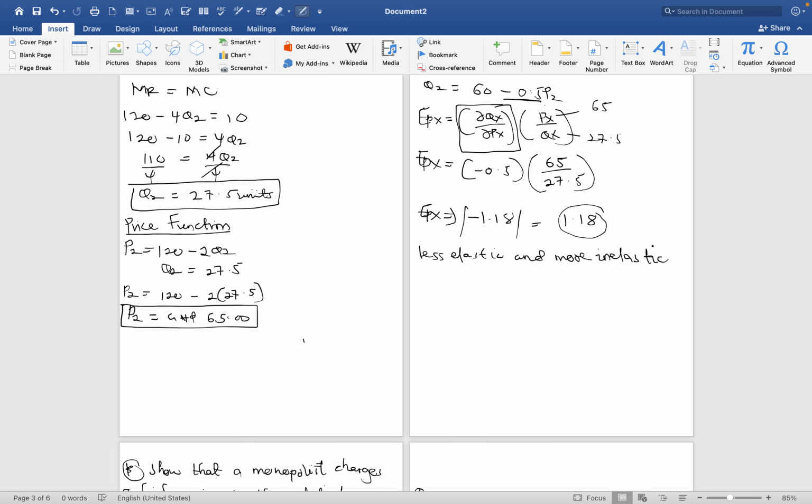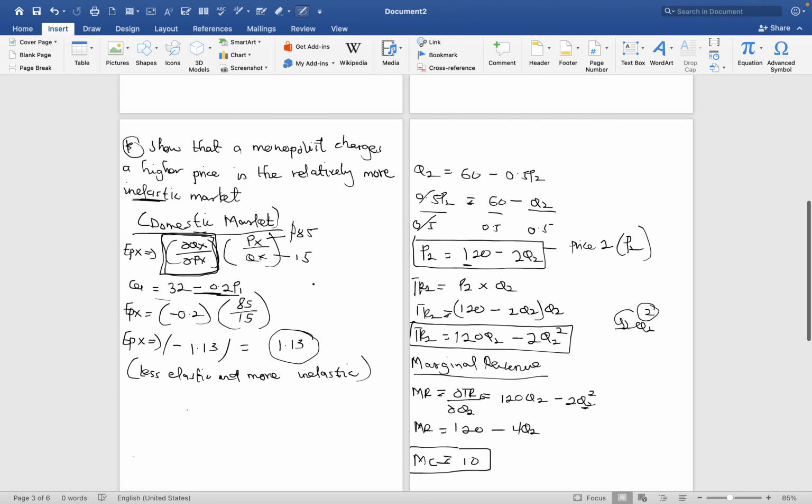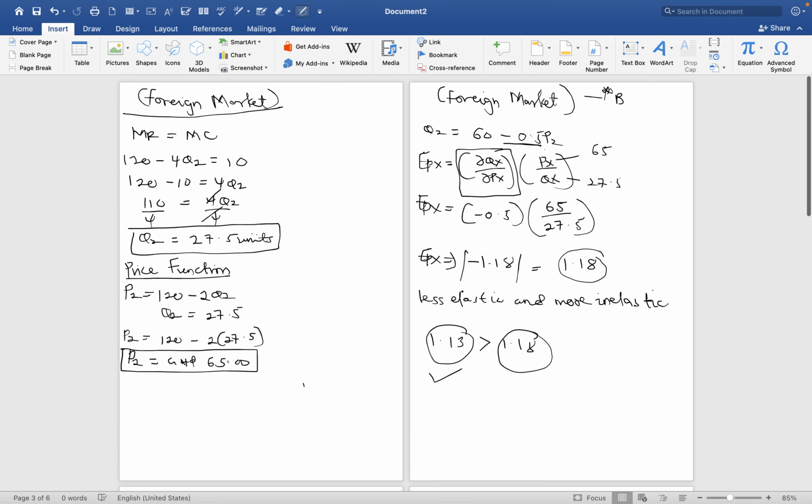In comparing the two, we had this one at first at 1.13 and the next one was 1.18. 1.13 would be preferred to 1.18 because this is more inelastic as compared to the 1.18. So this will be preferred to the monopolist, yes. So that's all for the B part of the question.